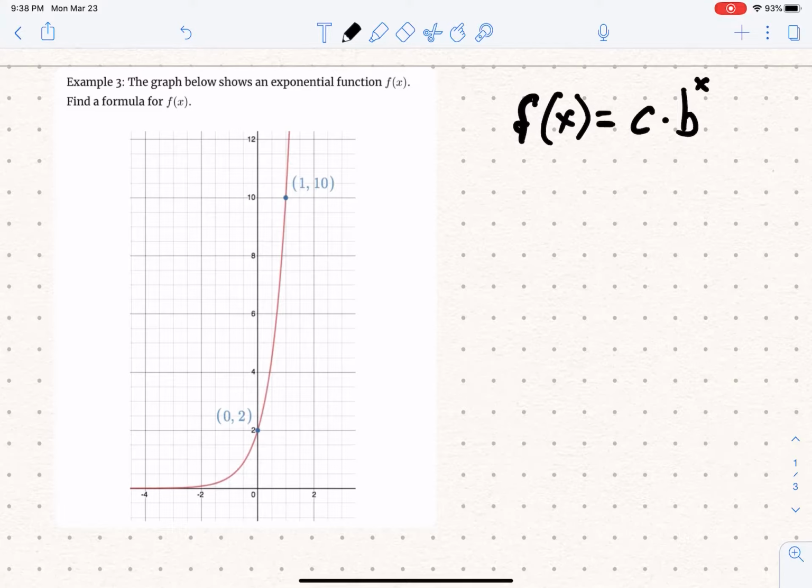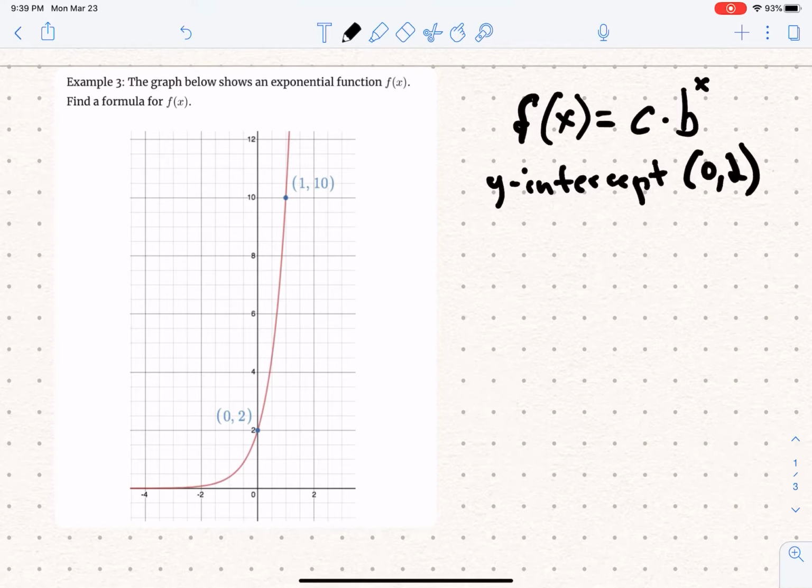Now, we know something else, which is that looking at the graph, this crosses the y-axis at y equal 2. So it has a y-intercept at (0, 2).